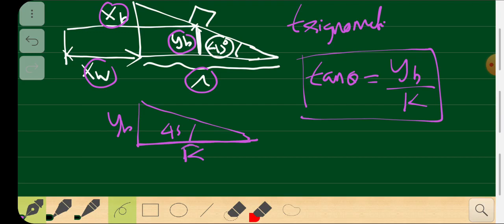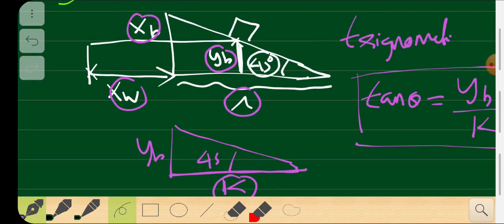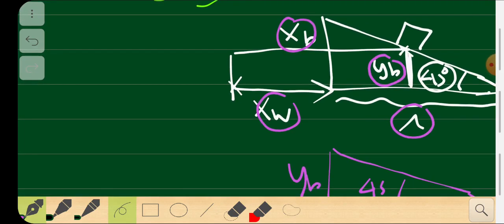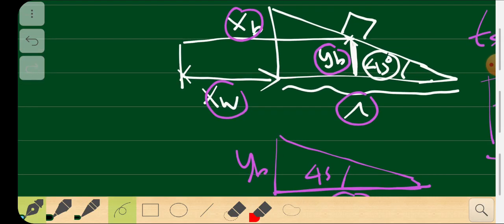But I need to know k, so I have to measure k. How can you connect k with the rest of these things? For that I can use a simple idea. K will be the total distance minus this distance, up to here.